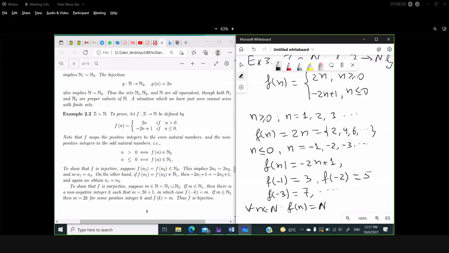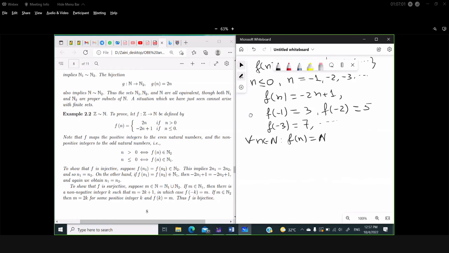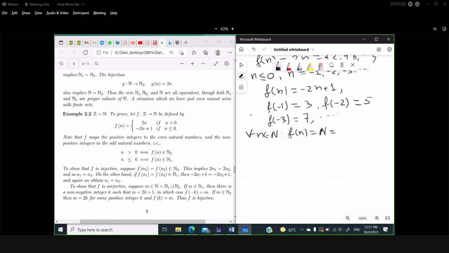It gives the whole natural number set, which is, you see, like this: 1, 2, 3, and so on, all the positive integers. So now, this is how we assign all the negative and positive numbers: we can assign f of n like this.